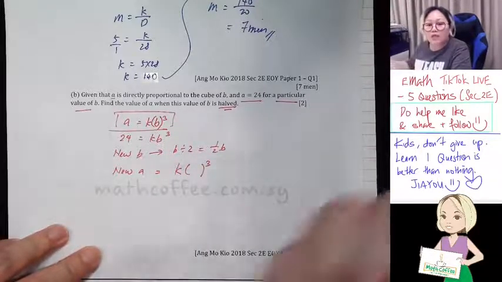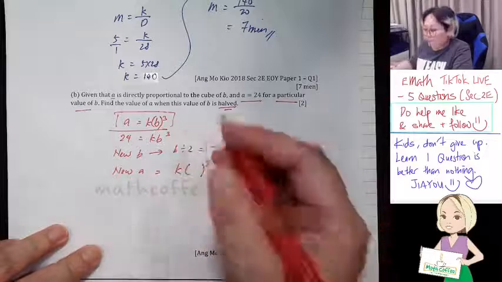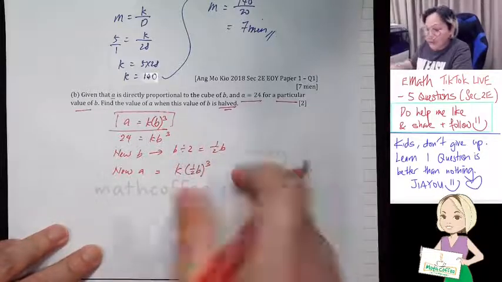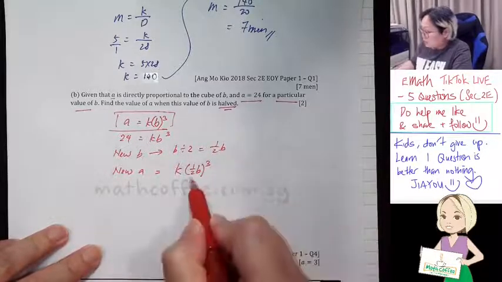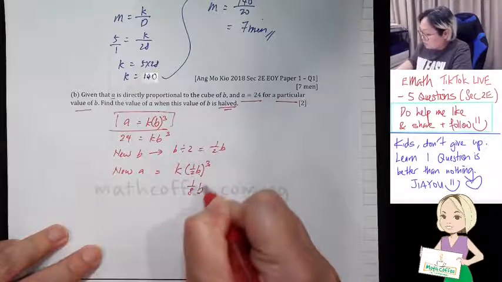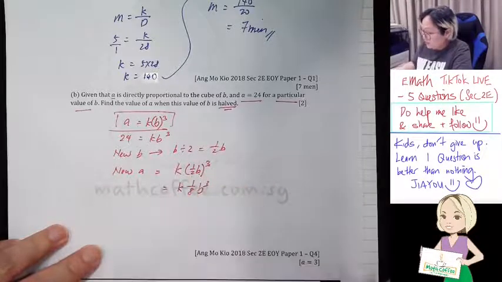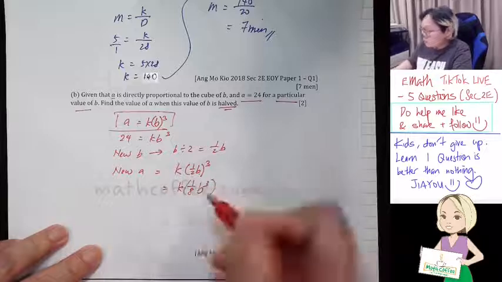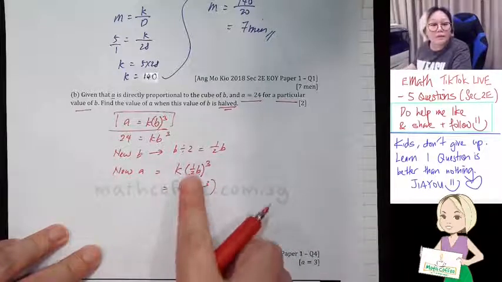Now my new B goes into the bracket, so it will be half B inside the bracket. Half to the power of 3 is 1 over 8, B to the power of 3 is B cube, and don't forget that there's a K here. So now it becomes K multiplied by 1 over 8 B cube.